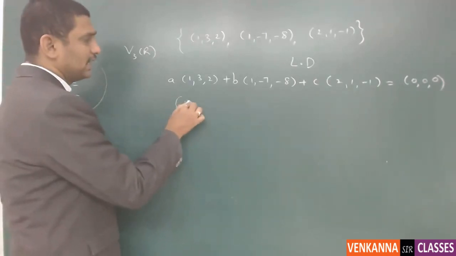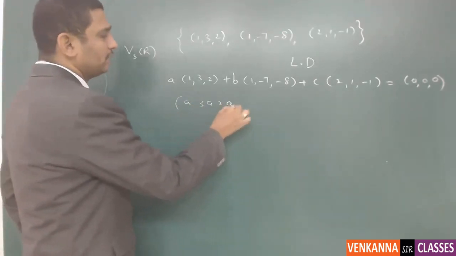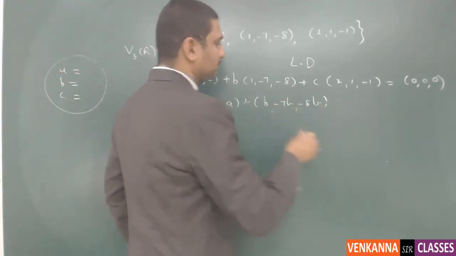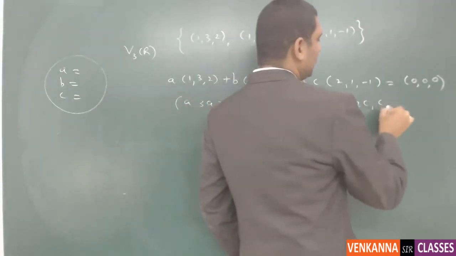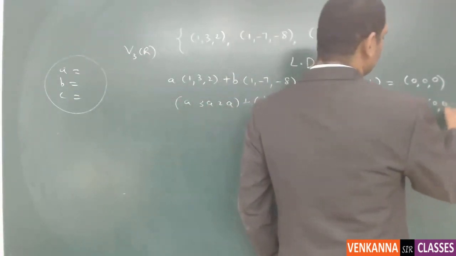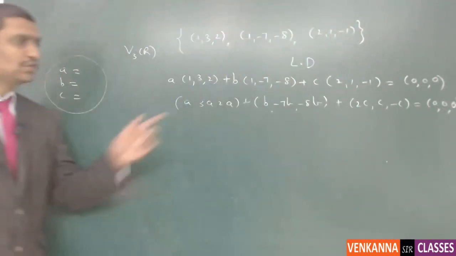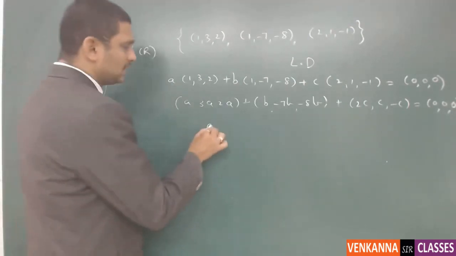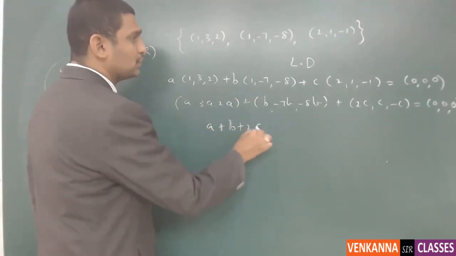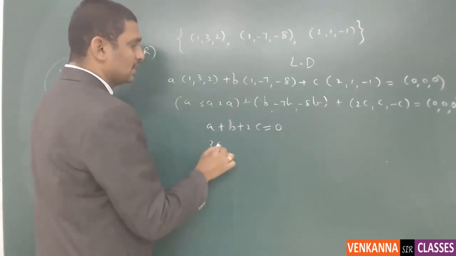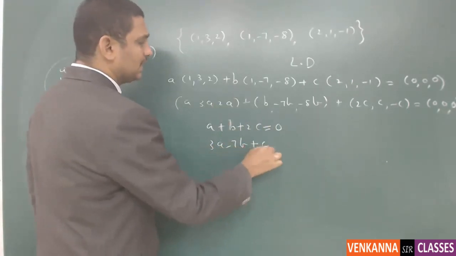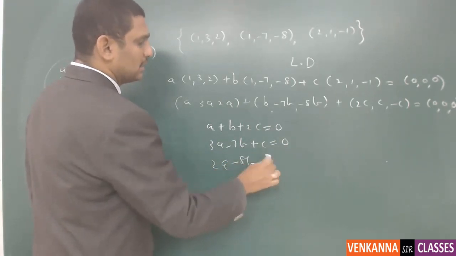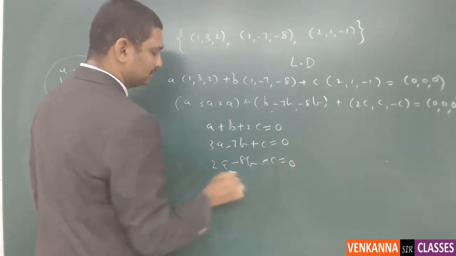If you have written A, 3A, 2A, B, minus 7B, minus 8B, 2C, C, minus C is equal to 0, 0, 0. So if you add them, the respective values, the result is A plus B plus 2C equal to 0, 3A minus 7B plus C equal to 0, 2A minus 8B minus C equal to 0.